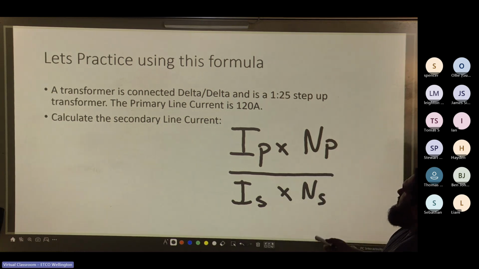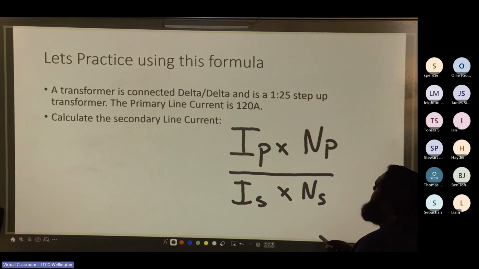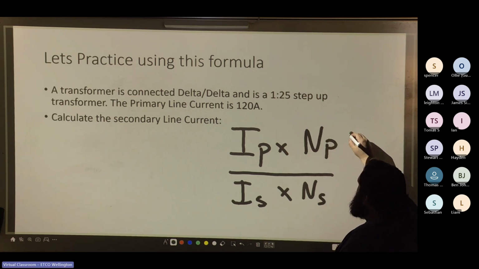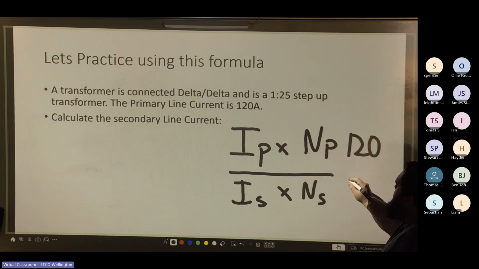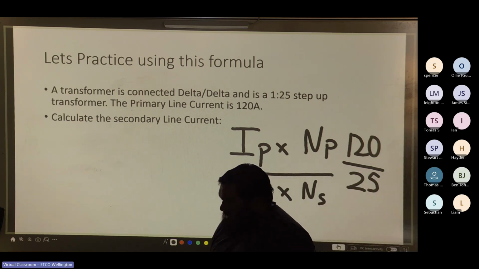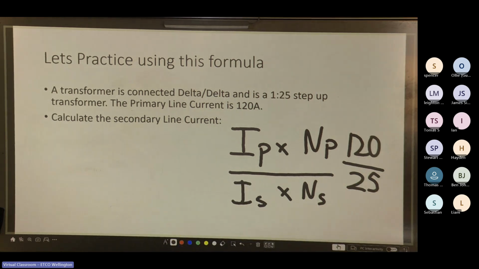We know the primary current is 120 amps. The number of primary turns is 1 because it's a step up, so it's 120. We don't know the secondary current, we're trying to figure that out, but we know there are 25 turns in the secondary. So 120 divided by 25 gives us 4.8 amps.